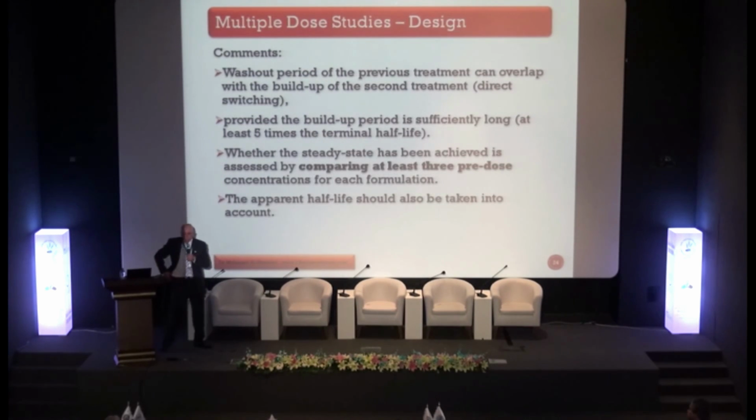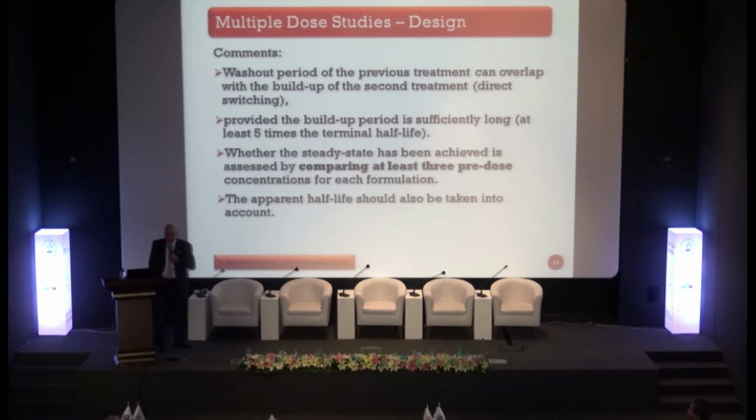In other words, if you have 3 steady state points at the end of the study, you have to compare your 3 points against the reference, and you have to apply the rule of 90% confidence interval 80 over 125. If anyone fails, then in this case, your study is actually a failure.